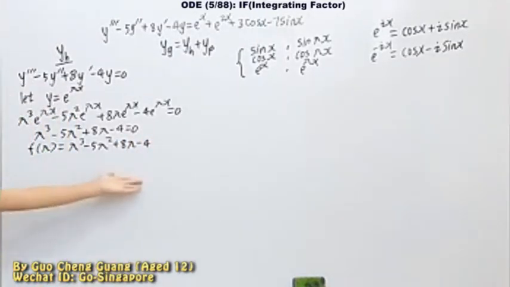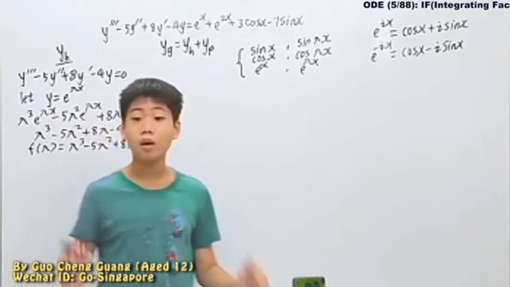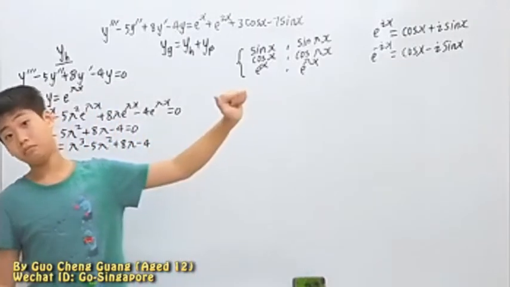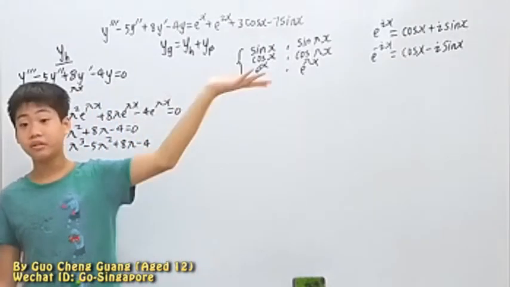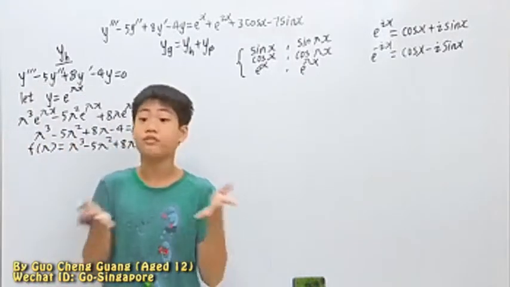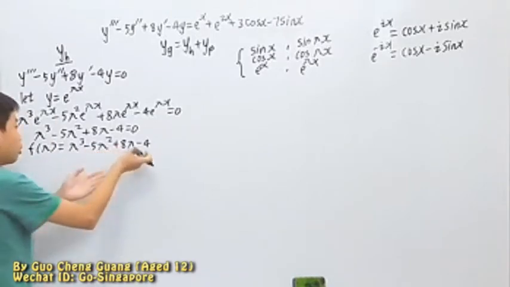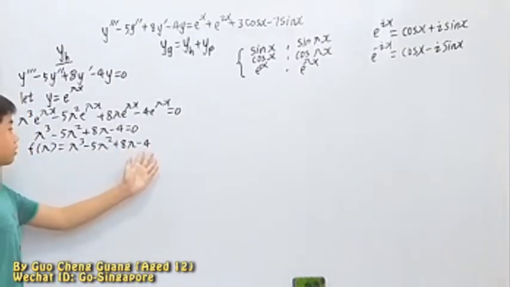We want this part to be a 0. So let's experiment with this. Most commonly, we use 1, 2, 3, negative 1, 2, 3, all those. The numbers closest to, or even 0. But 0 in this case, definitely no, because here you have negative 4.